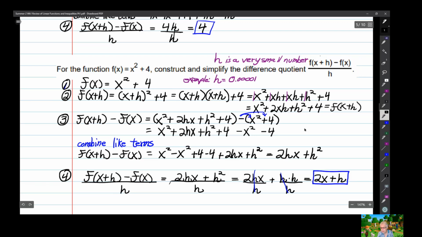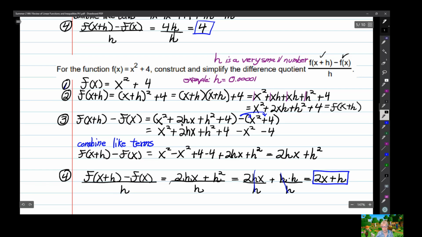Now we know what f of x plus h is and what f of x is. Now notice I came to my senses and I did change it here because I looked there and I looked here when I was doing this, and I thought, oh dear, h is a number. It belongs with 2.